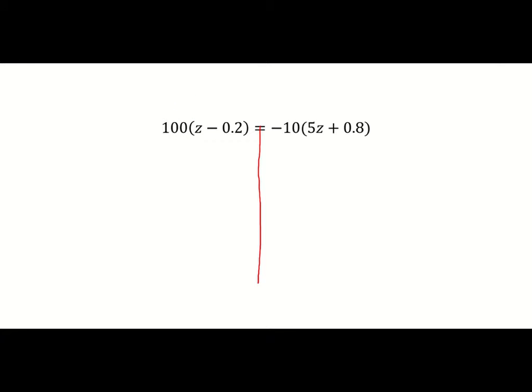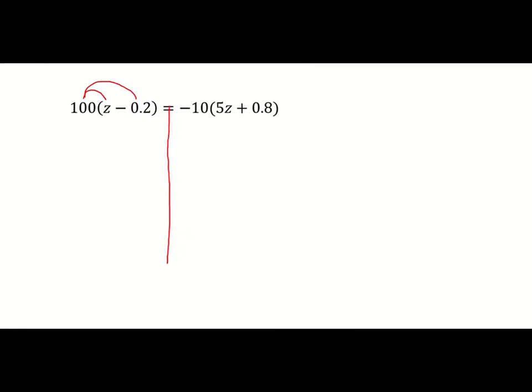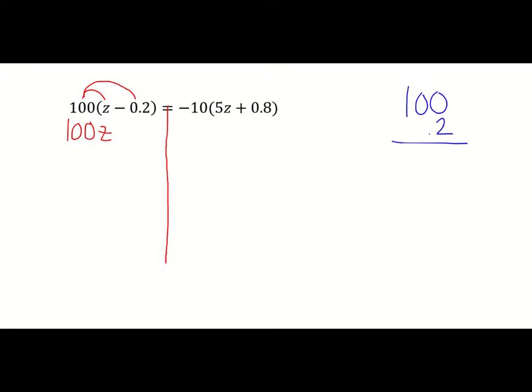So 100 times z is going to be 100z. And then 100 times 2/10. So I can do this off to the side. 100 times 0.2. So 2 times 0 is 0. 2 times 0 is 0. 2 times 1 is 2.